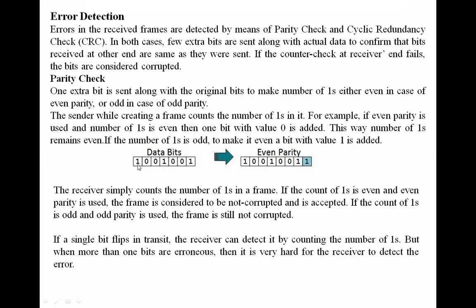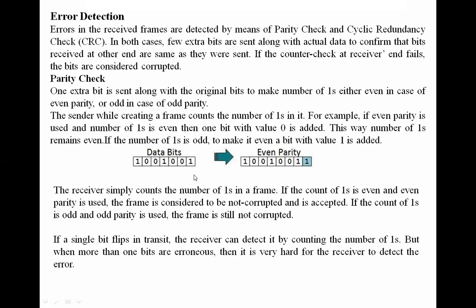If only two ones are there, 1 and 1, this becomes even, so what we add is 0. If even parity is used and the number of ones is even, then one bit with value 0 is added.